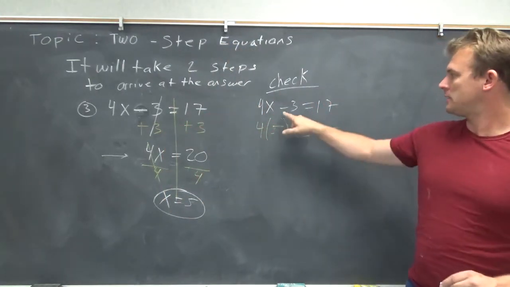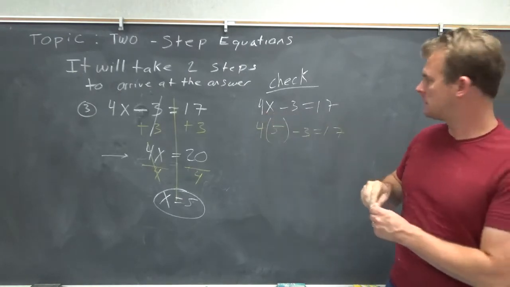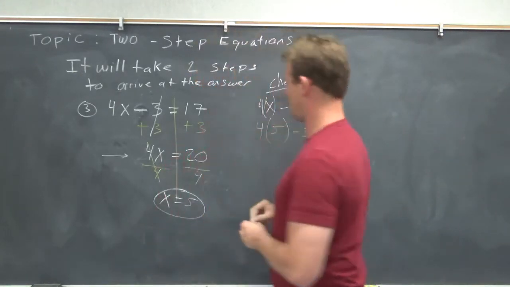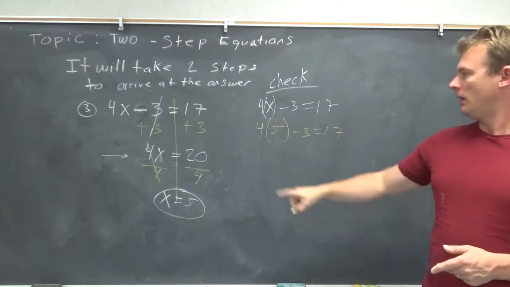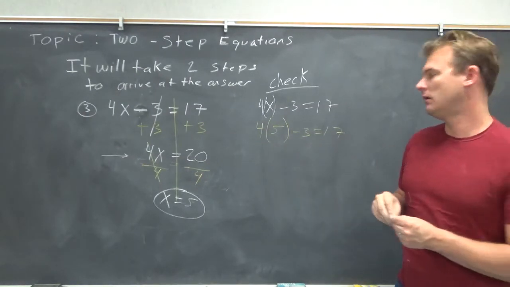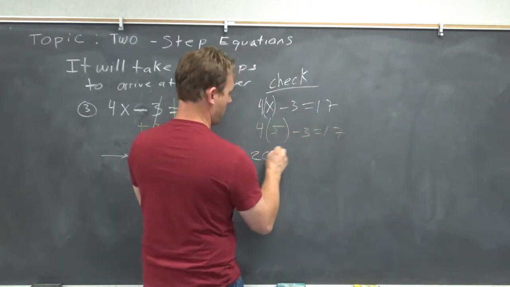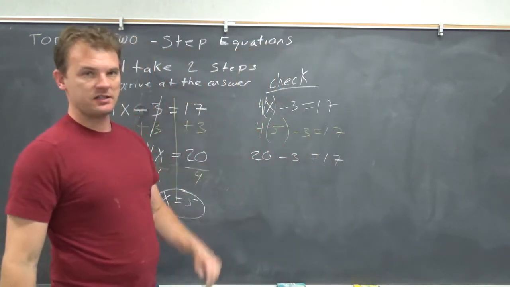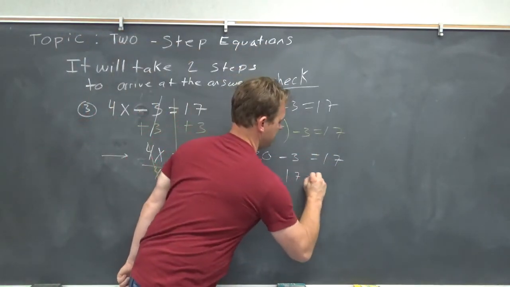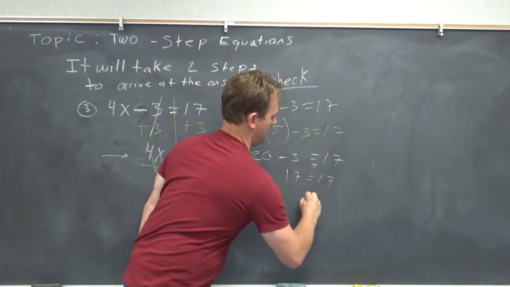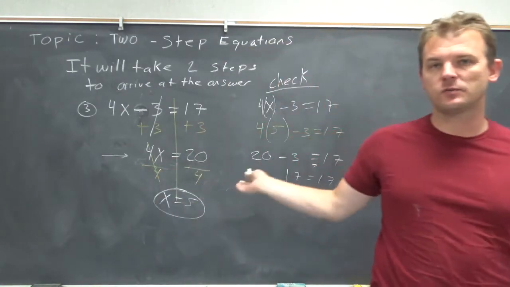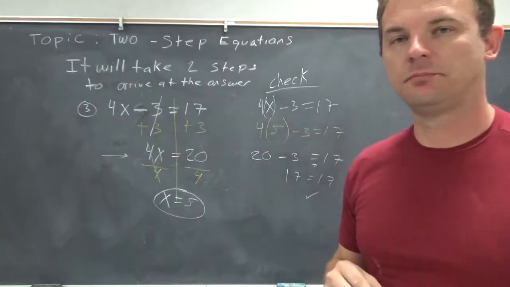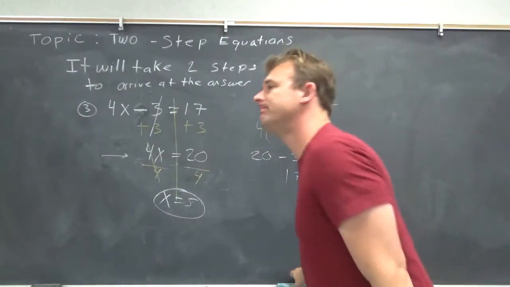So all I did is put 5 in for x. What's 4 times 5? Minus 3 equals 17. Does 17 equal 17? It does. So there's your work. You found the solution. Do some more.